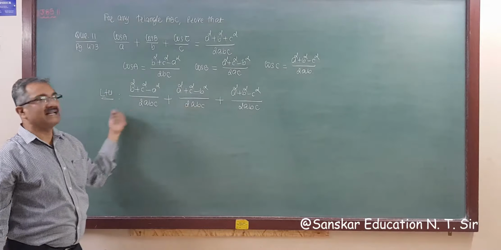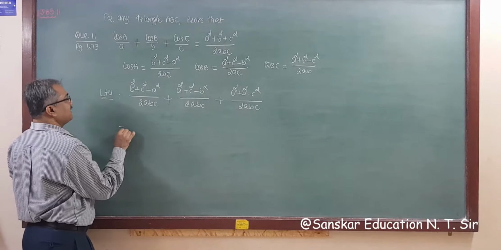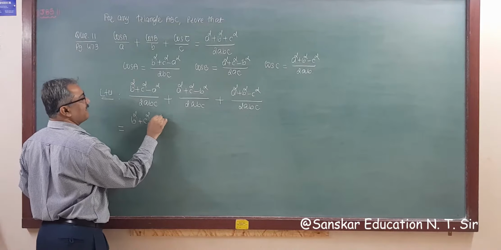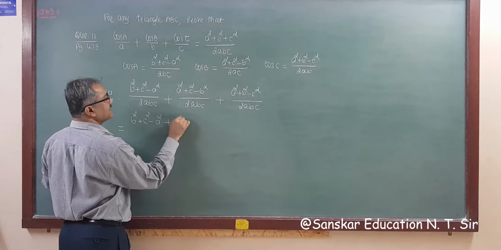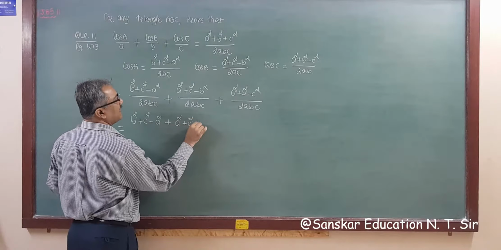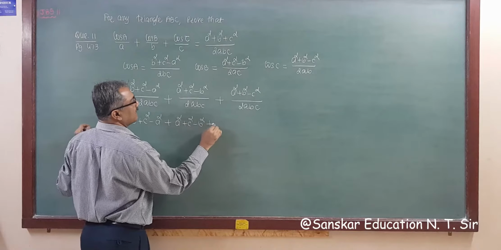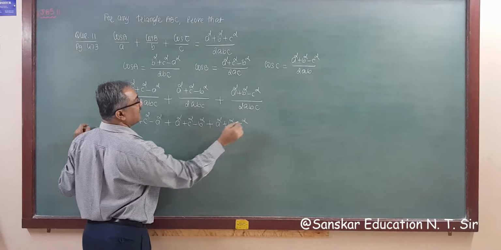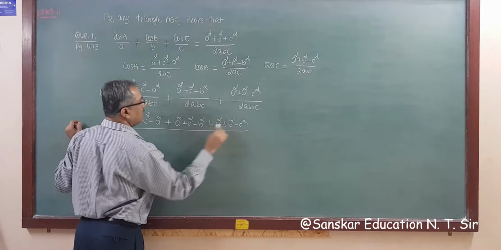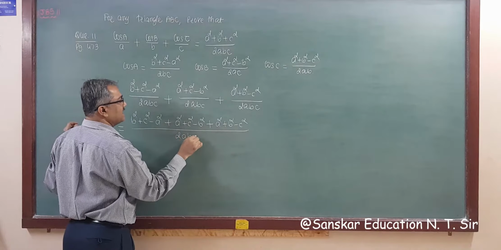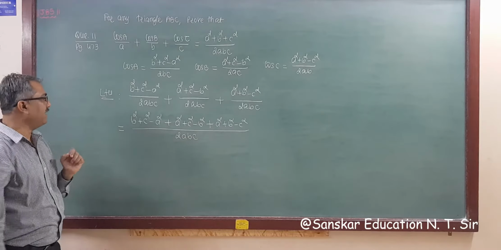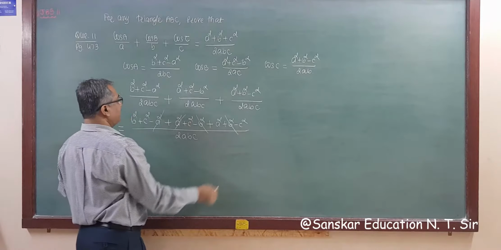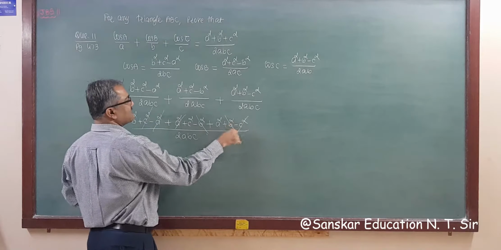So twice abc is the LCM, so this is b square plus c square minus a square plus a square plus c square minus b square plus a square plus b square minus c square whole upon twice abc, right? So this a square will be cut, this b square will be cut, and this c square will be cut.